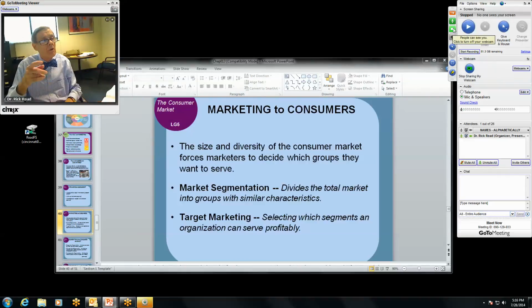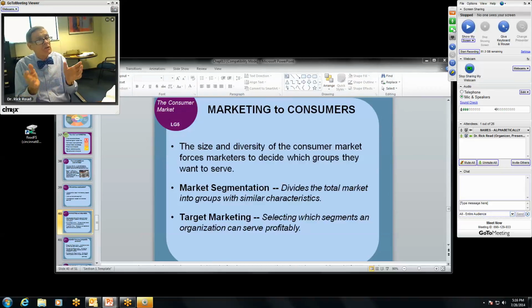Now, in marketing to consumers, we have to figure out what market we want to serve. This thing here is called market segmentation. That's just dividing the market into various and sundry groups. It can be done by age, by geography, by ethnicity, or any number of other ways.